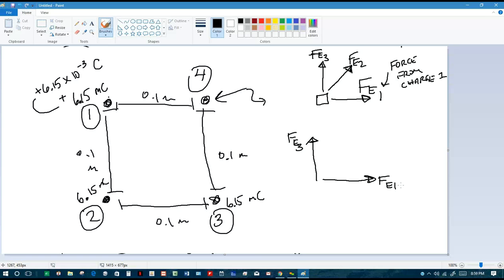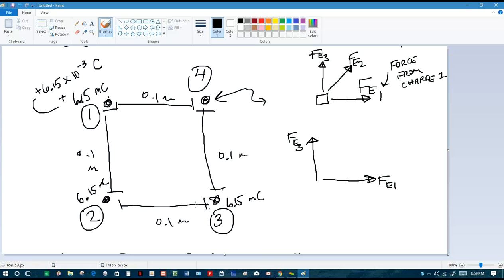Isn't it also 0.1 meters to charge 3? Yeah, so the distance between 4 and 1 and 4 and 3 is the same. Don't they all have equal charges? Yes.